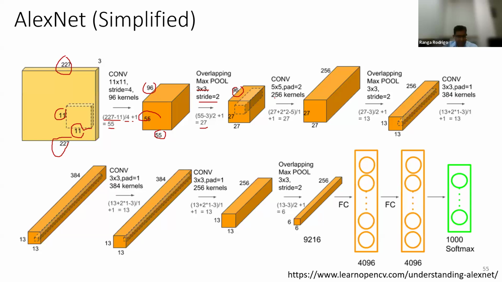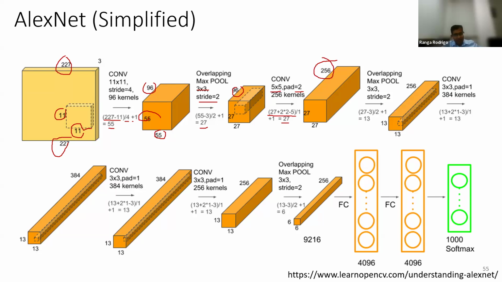And then you have convolution, 5 by 5, padding is 2. So you can see that you can get this from the previous formulas that we learned. And then 27 is the resulting tensor size, and because there are 256 kernels, the depth is 256.